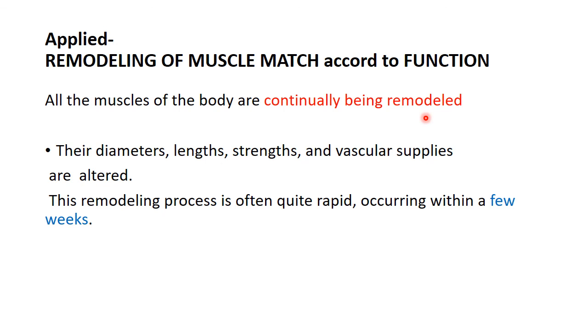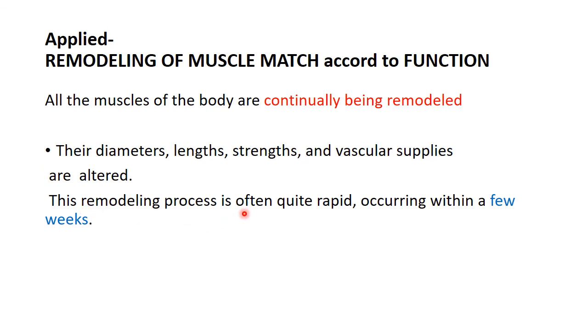Similarly, neck muscles are very stout in a porter. This is the basis of the gym. This remodeling is important. Now, what is it? The diameter of the muscle fiber, the length of the muscle fiber, the strength developed inside the muscle fiber, and the vascular supply can be altered.